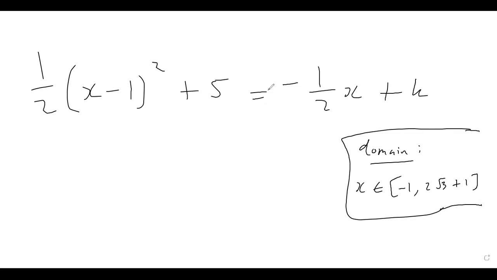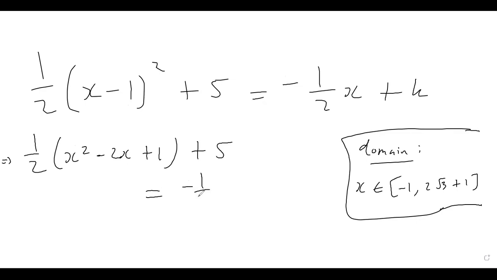Okay, right, so now let's try and get a quadratic equation and rearrange this. So we've got a half, times the expansion of the brackets inside: x times x is x squared, x times minus 1 minus x, and then another minus x, we get minus 2x, and then minus 1 times minus 1 is plus 1 at the end there, and then plus 5, and that's going to be equal to negative a half x plus k.